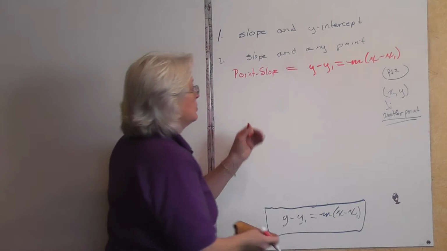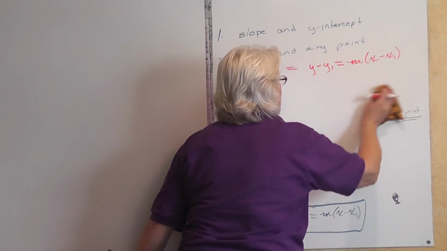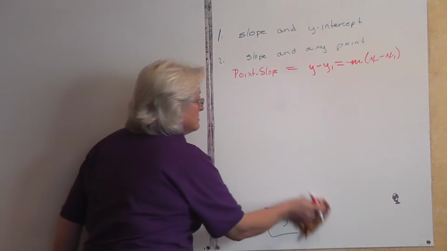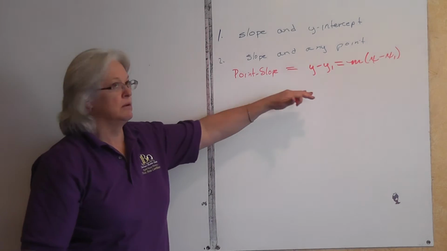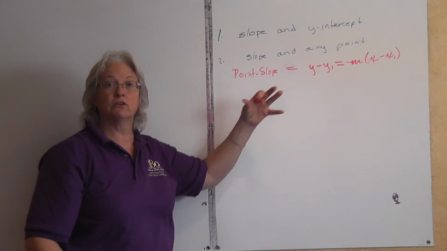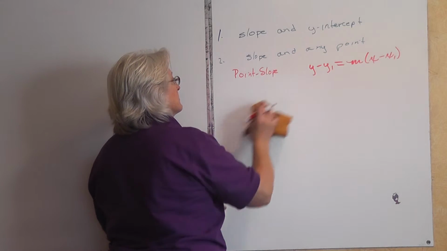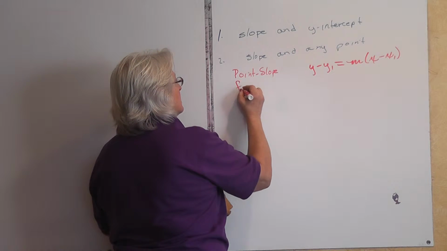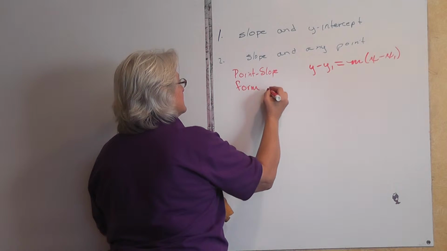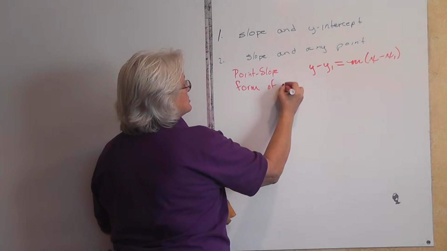Okay? This is what they call the point-slope form of a line, and you can use that very, very easily to come up with the equation of a line given these two pieces of information.